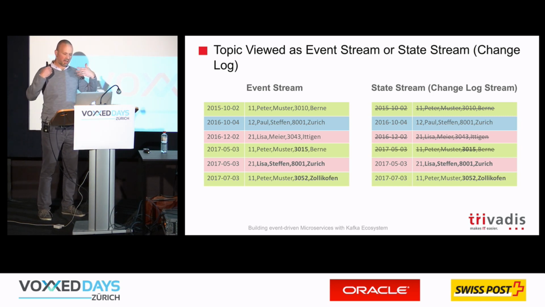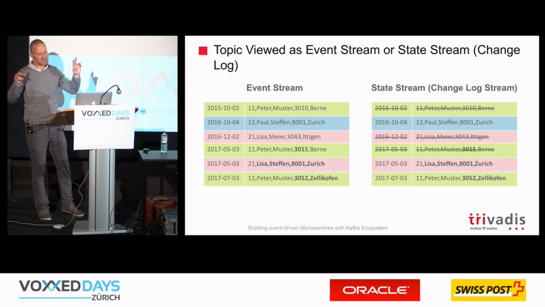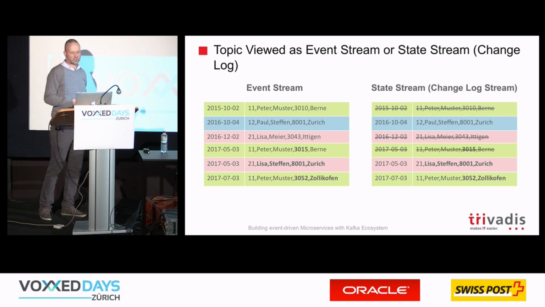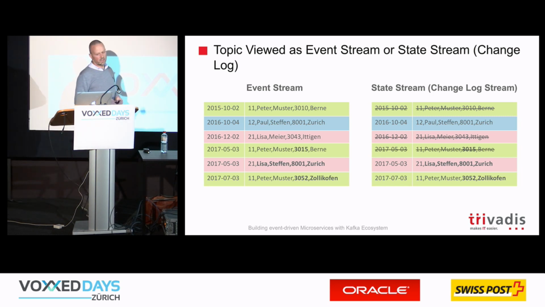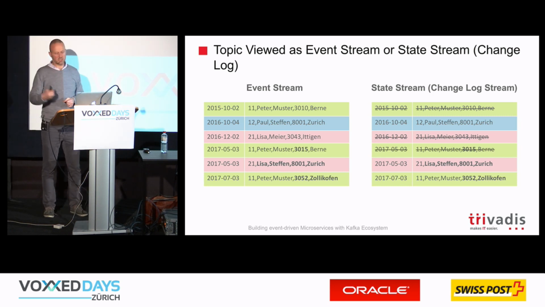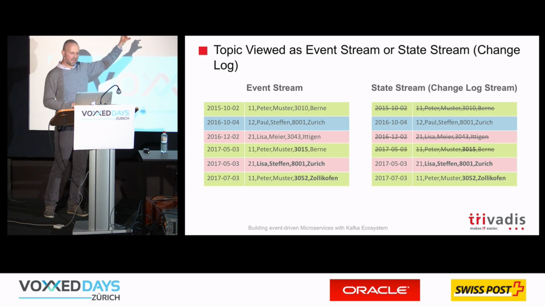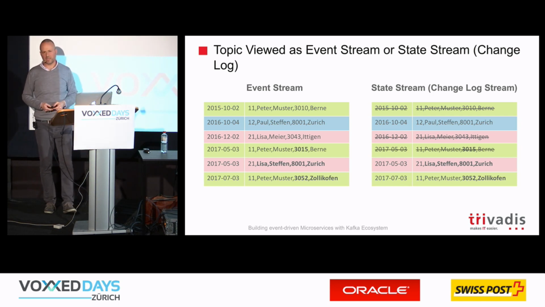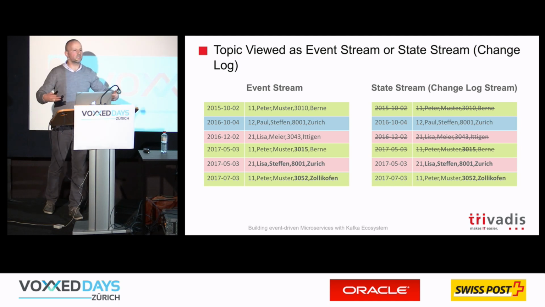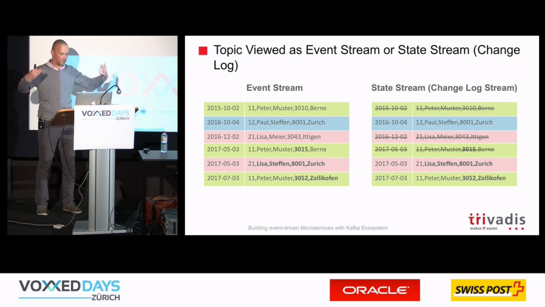So you can tell Kafka to handle it as a state stream or as a changelog stream, meaning that Kafka only stores the last event based on the key. And you would use the customer ID, so 11, 12, 21, as a key. And Kafka does that all the time behind the scenes. It's like a process behind, which is constantly happening.